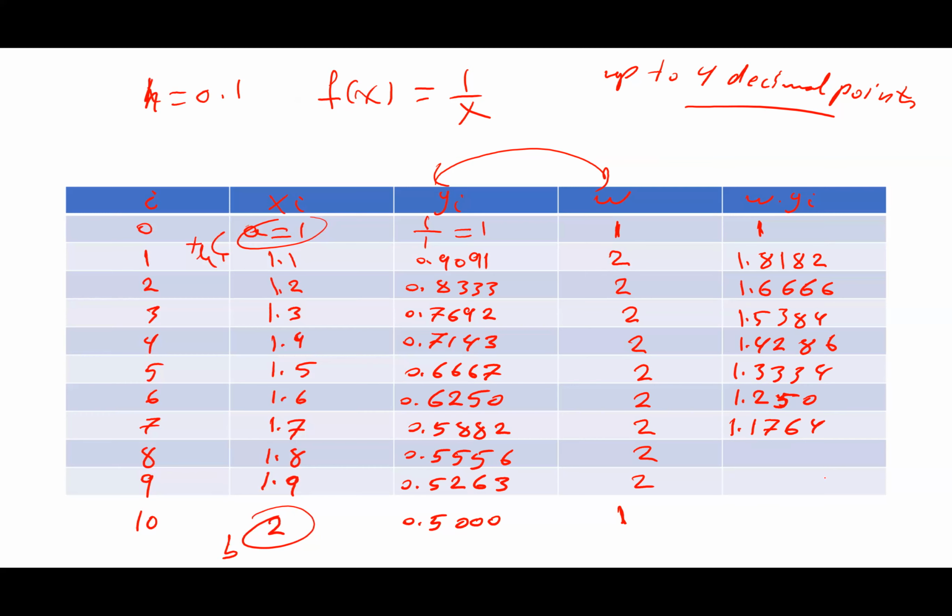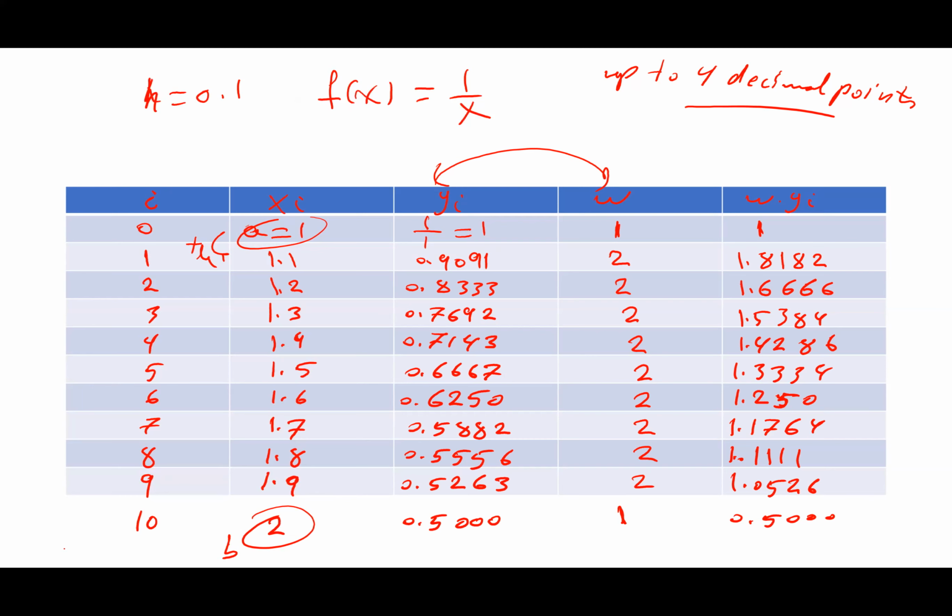When it is 1.8, we will have 1.1111, and next one it will be 1.0526. The last one is 0.5000.